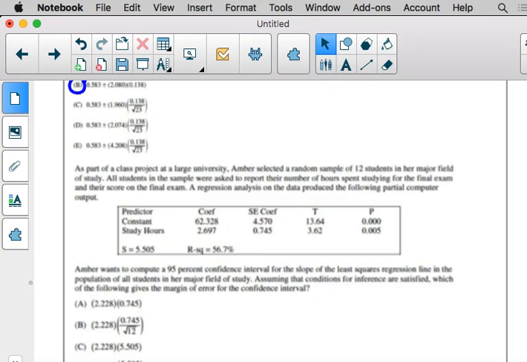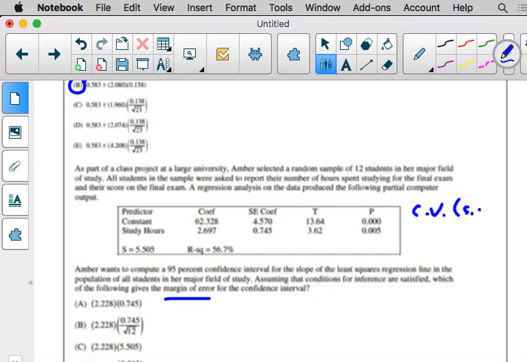Okay, so this time we're talking about margin of error. Remember, that's just the critical value times the standard deviation, right? So here we actually only need two things, just critical value and standard deviation. Well, 95% confidence, if we have 12 people, that means our degrees of freedom is 10.